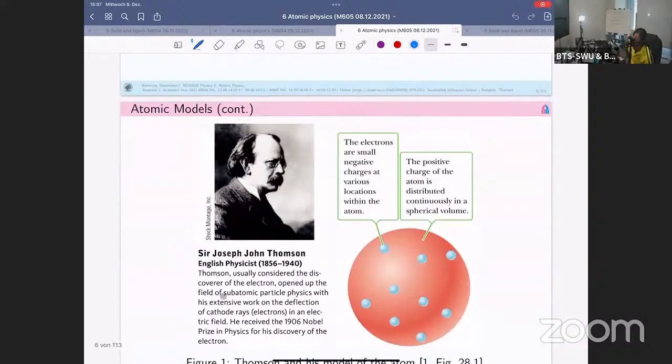Here is Joseph John Thomson, an English physicist, born in 1856. In 1940, Thomson is usually considered a great person.